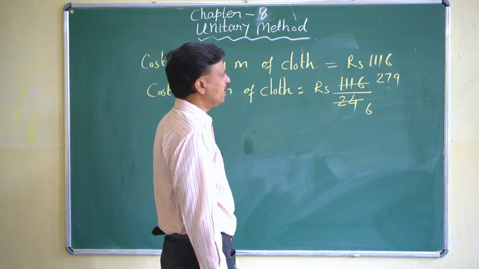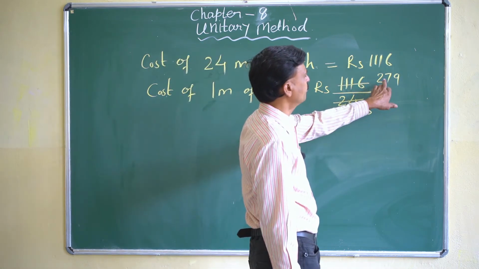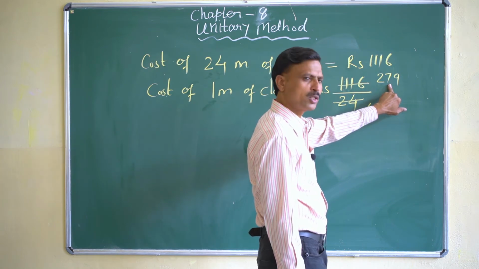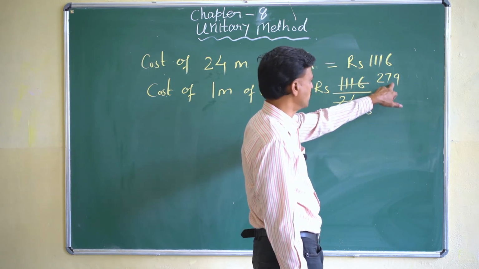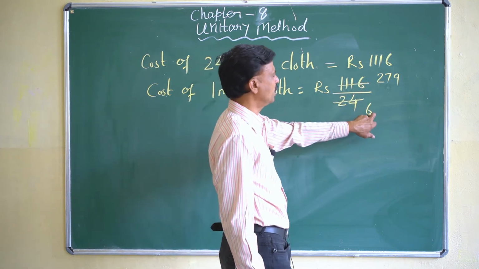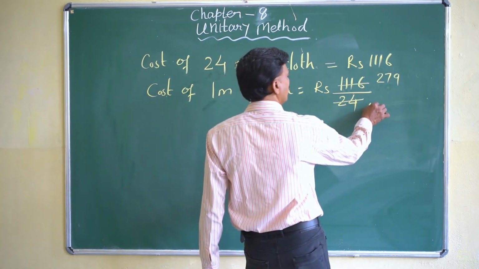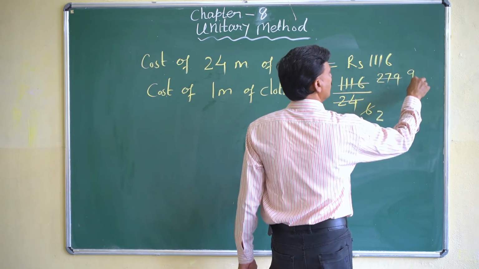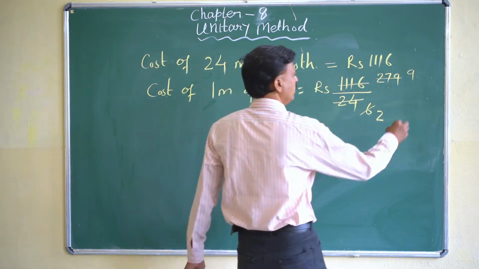Now it will be divisible. 279 is divisible by 3, right? Because 7 plus 2 is 9, 9 plus 9 is 18. So it is divisible by 3, and 6 is also divisible by 3. So both numbers are divisible by 3. So we'll divide: 3 2 ja, and here 3 9 ja, then 3 3 ja.